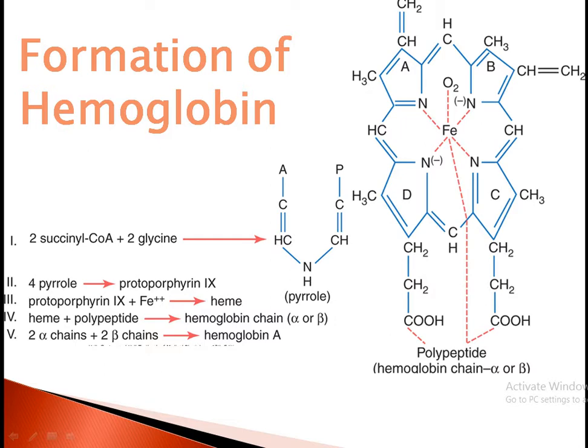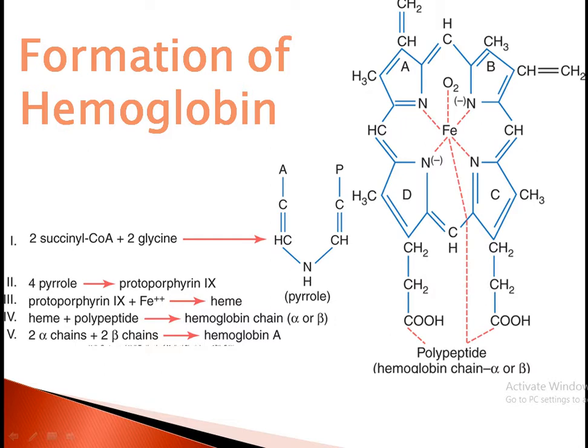The steps involved in the formation of hemoglobin include that succinyl-CoA combines with glycine to form a pyrrole ring. Four pyrrole rings combine to form the protoporphyrin, which combines with iron to form the heme.